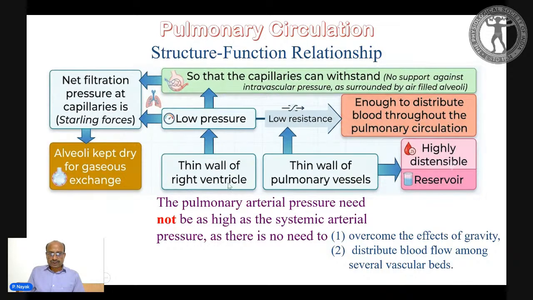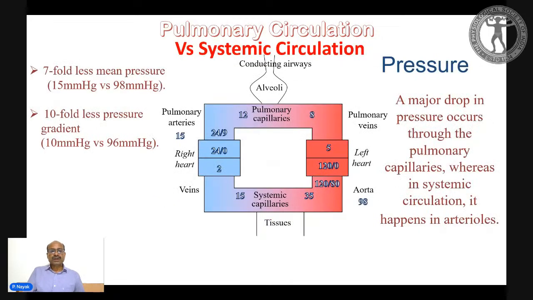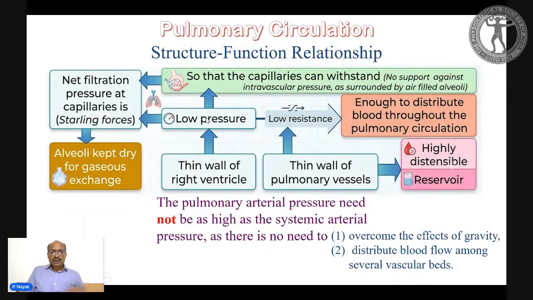So this thin wall right ventricle and its mechanism of contraction create only low pressure, where the mean arterial pressure is around 15 millimeter mercury, and as we have noticed, the maximum pressure is 24 millimeter mercury. This low pressure keeps the alveoli dry and supports the capillaries so that there is no rupture. Now, the thin walls of pulmonary vessels.